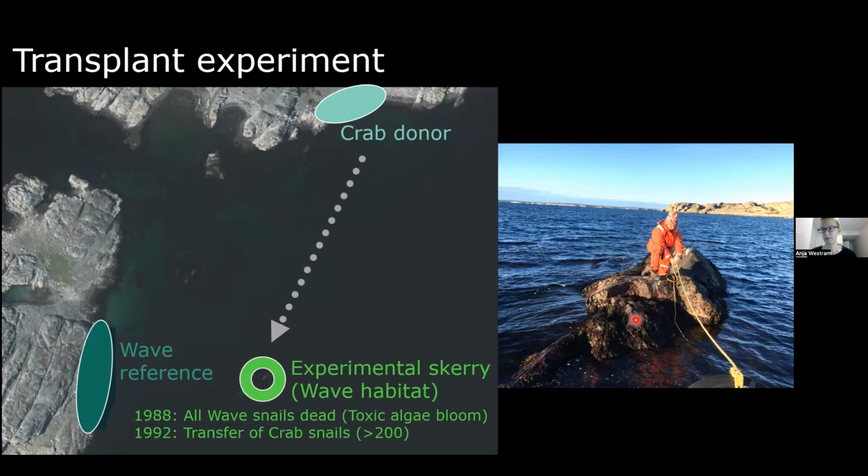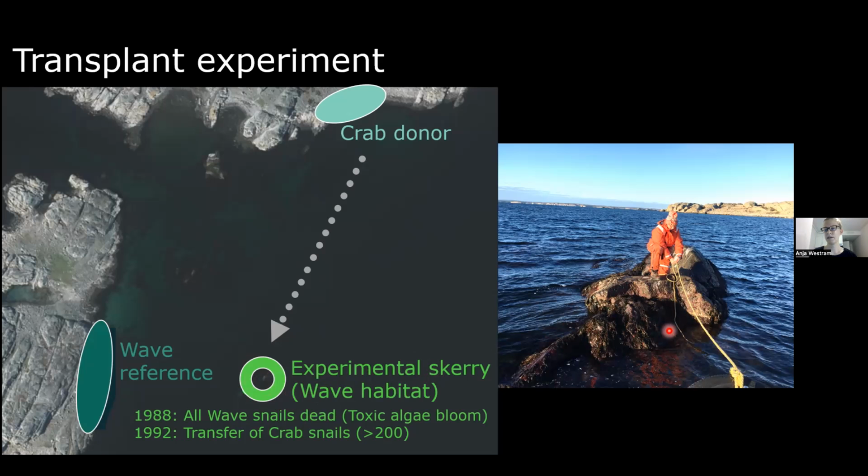It's almost not an island. It's really just a rock. And the interesting thing is that in 1988, all the snails that used to live on that rock died because there was a toxic algal bloom. So the island was completely empty of snails.